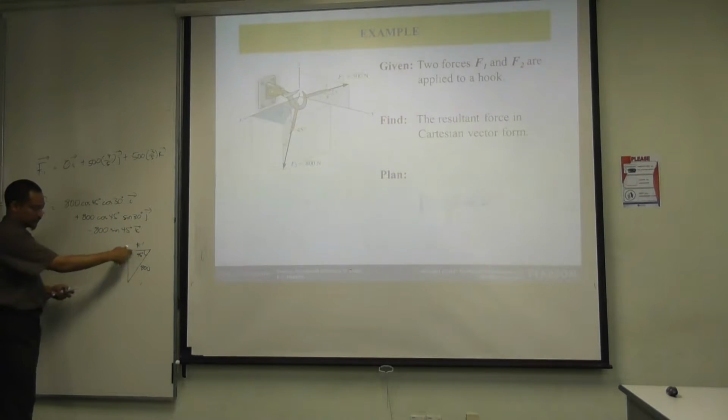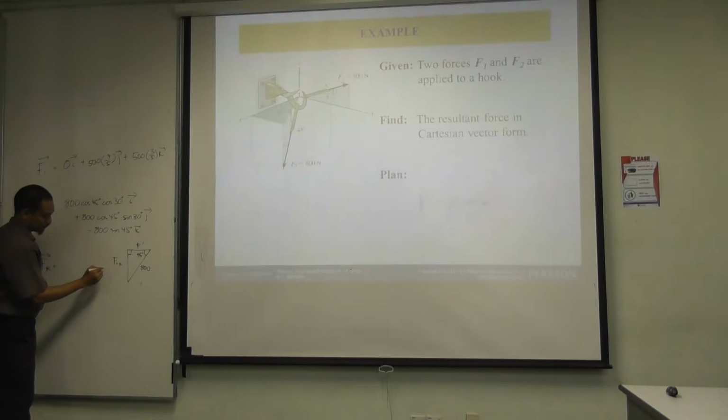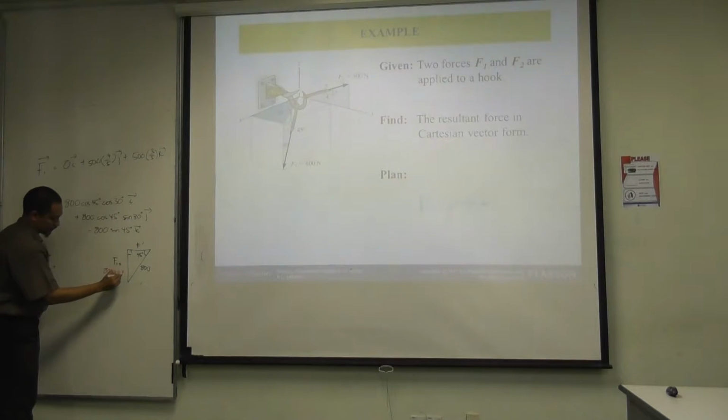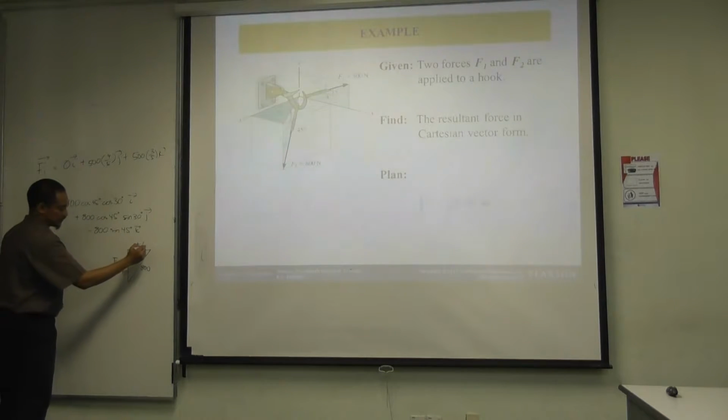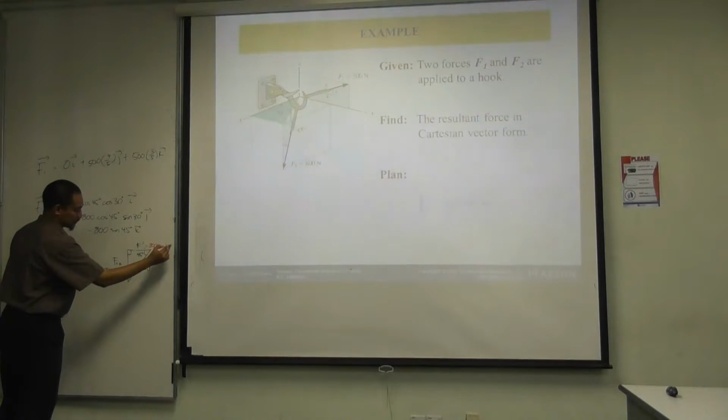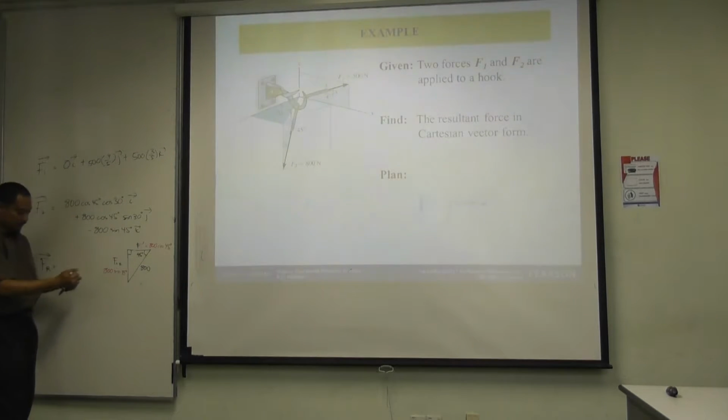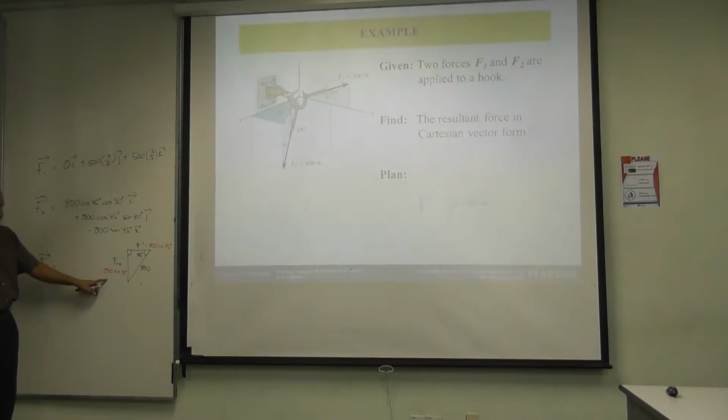What is F2Z using this angle? This one, 800 sin 45 degrees. This one is 800 cos 45 degrees. Any problem with this triangle? No. So in terms of Z, this is straight away 800 sin 45. Negative because it's going down.